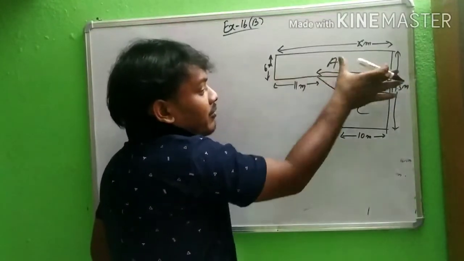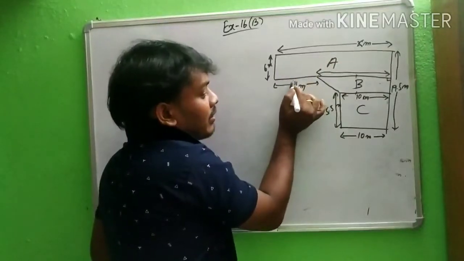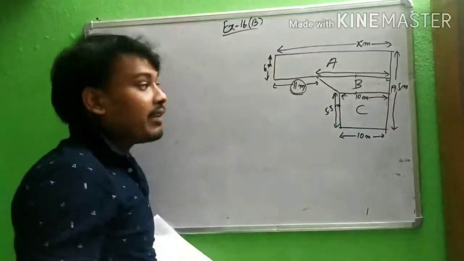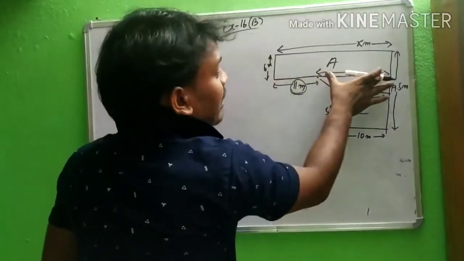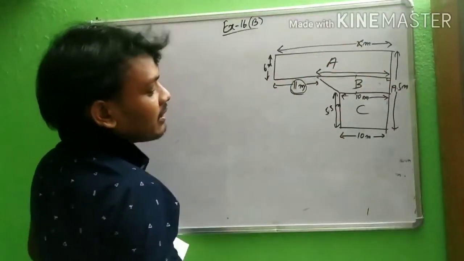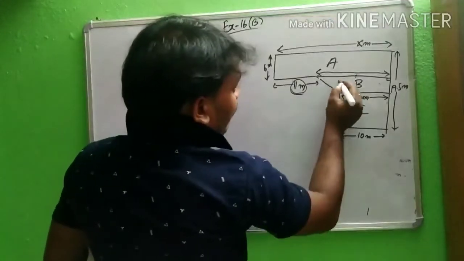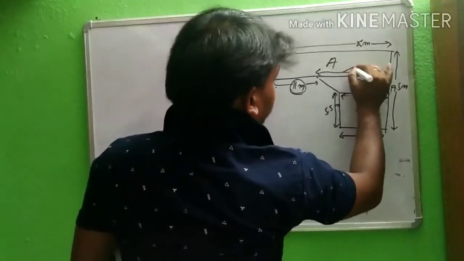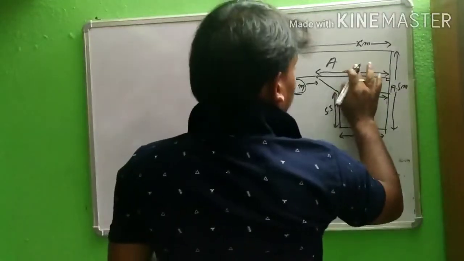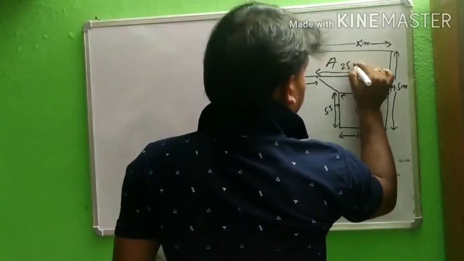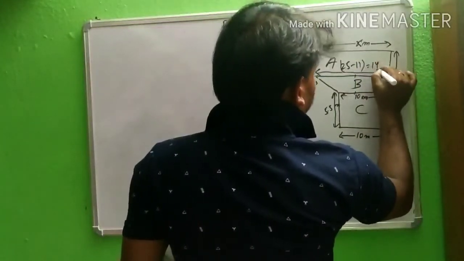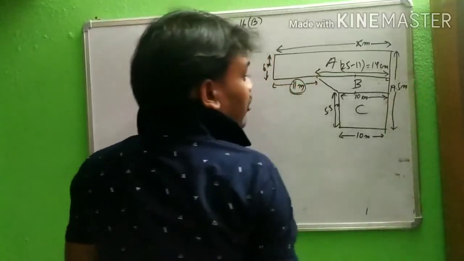So 25 minus 11 equals 14 centimeter. And what is the height?